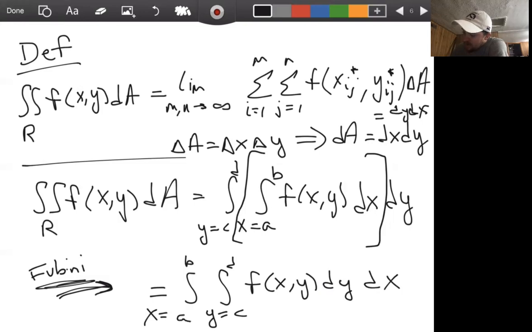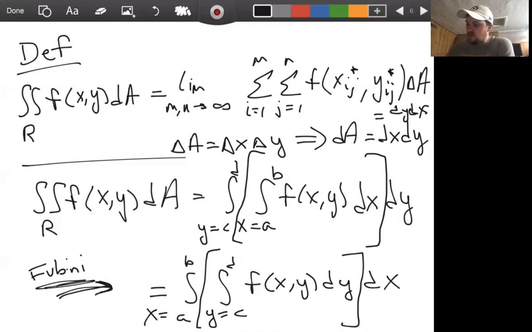And here again, the iterated integral means you always integrate inside out when you're looking at multi-integrals. So when it's a double integral, and even when we look at triple integrals for functions of more variables, when we're looking at iterated integrals, we always work inside out.